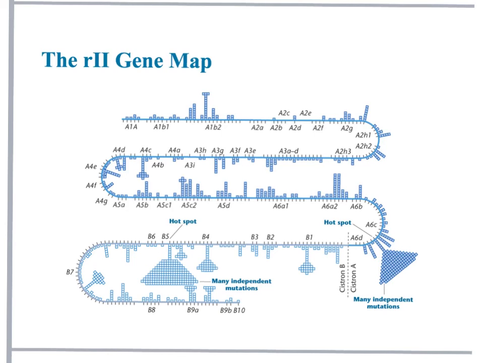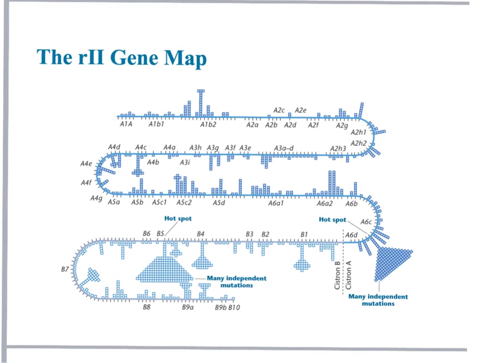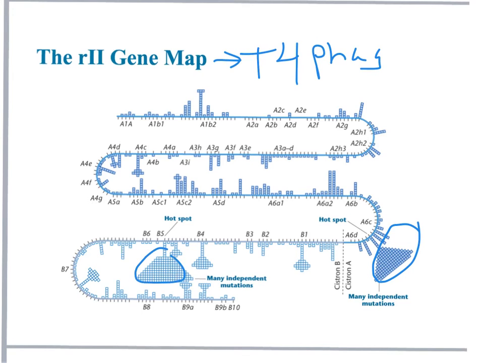So this is a gene map of the T4 phage, and it also shows an area of key importance. It also shows many mutations right here and many mutations here. A little fewer mutations there and here, a little bit of mutation there.